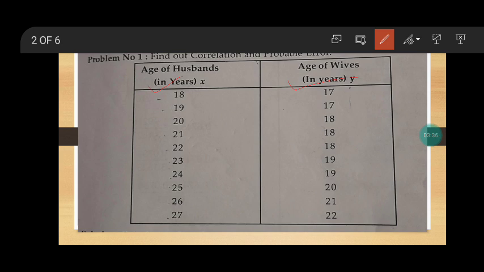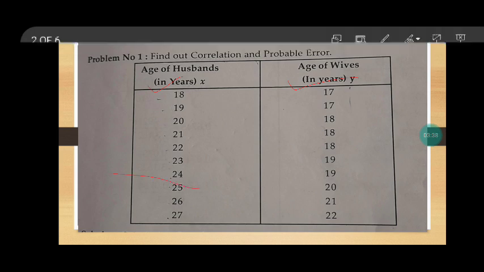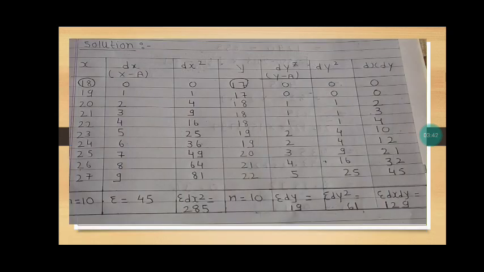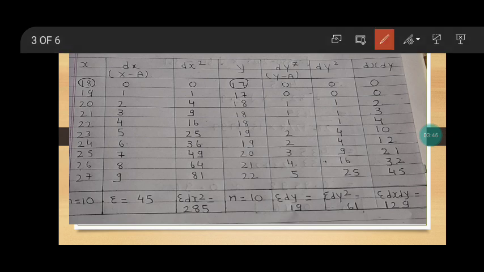Here you can see we have prepared the 7-column chart, in which we have written X, then dx, then dx square, then Y, then dy, then dy square, and then dx dy.